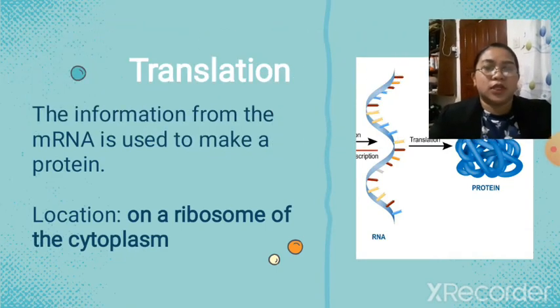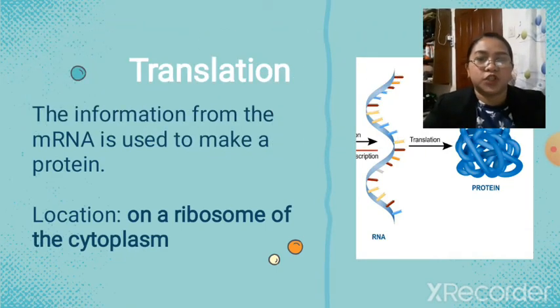So the second step of gene expression, or the major processes of protein synthesis, is that the information from the mRNA is used to make a protein. The location is on the ribosomes of the cytoplasm.